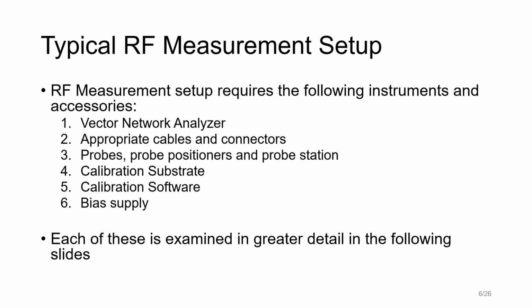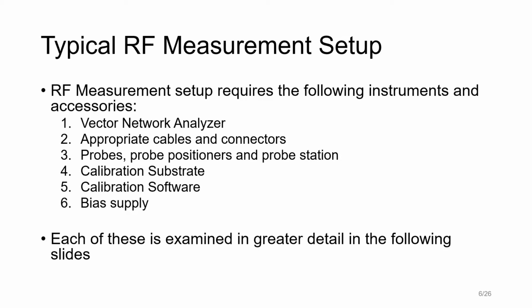In this slide, we describe the instruments and accessories that are a part of the test setup. Amongst the instruments, we would require a vector network analyzer, or what is known as a VNA. We will need appropriate cables and connectors.